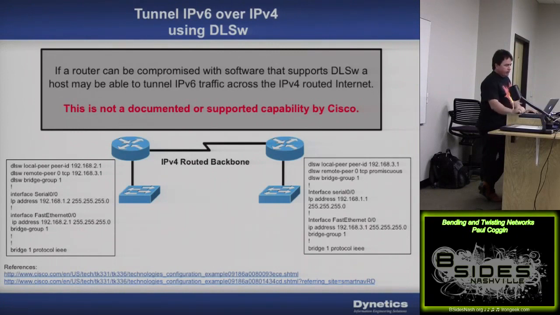Now, this is not something that is supported, but it's a capability. The whole thing about hacking is making things do what they were not expected to do. So this is a method and technique you might want to use in a pen test. If you get a hold of a router, you can exfil IPv6, use IPv6 for pivoting, and tunnel back over the network.